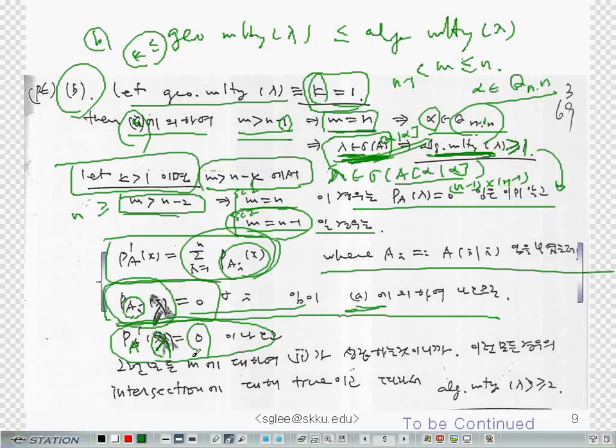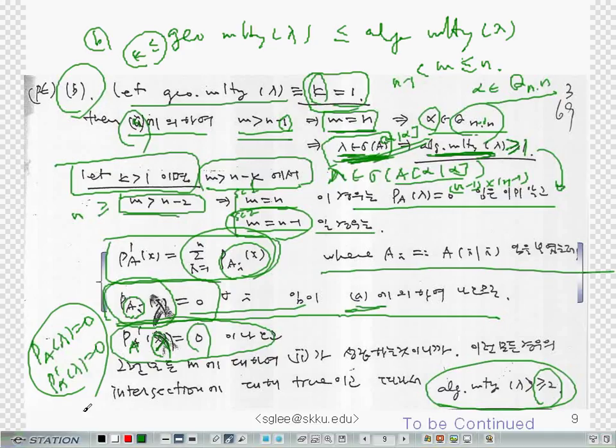What that means is the algebraic multiplicity is greater than or equal to 2. You understand? P_A of lambda was 0 and P_A prime of lambda is equal to 0. What that means? It has an eigenvalue of algebraic multiplicity greater than or equal to 2.